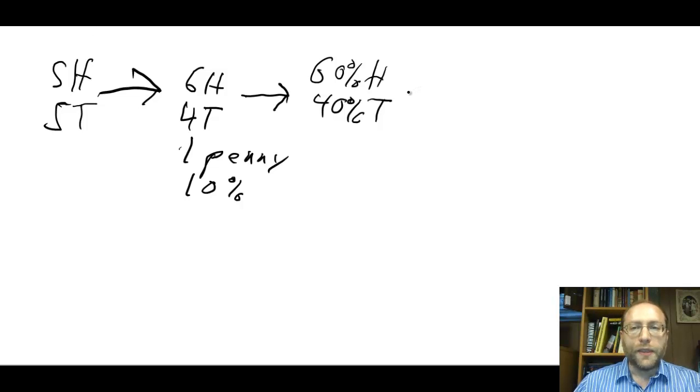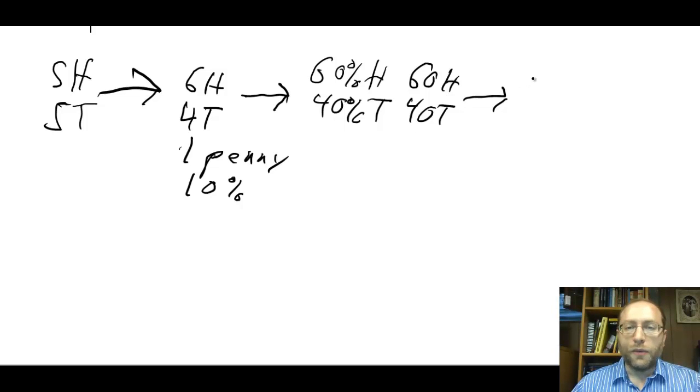So that means what we have, let's say we have 100 pennies, or a population of 100, so that means there would be in that gene pool 60 heads and 40 tails. Now, if we have our same deviation of 1 penny, that would mean in that next generation, we would end up with, let's say it goes the same direction, we would have 61 heads and 39 tails.